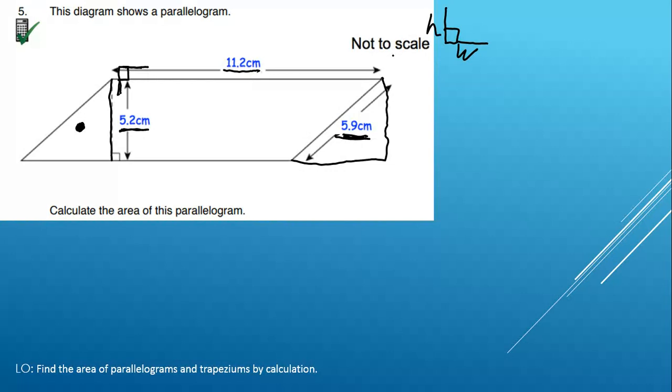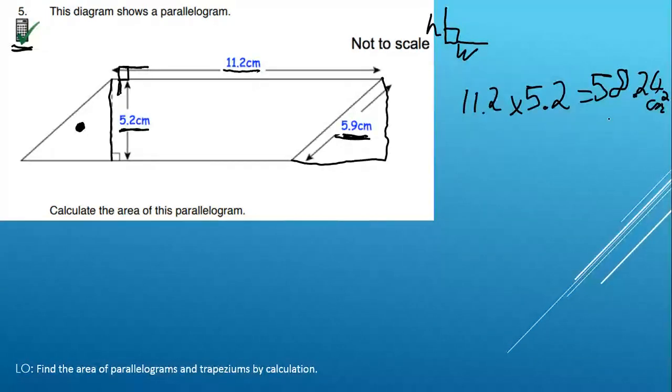So that proves that we need to do 11.2 times 5.2, which would give us, I'm cheating and using a calculator because this is allowed, as we can see in this top corner here, which will give us 58.24 centimeters squared. I'll sneak that in down there, centimeters squared.